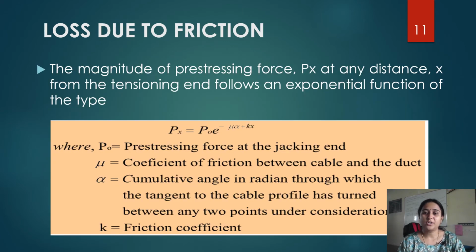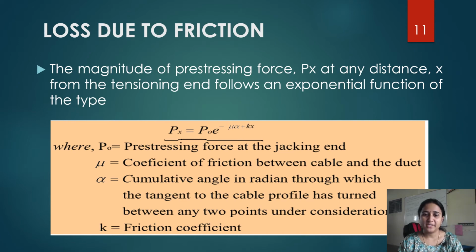So how do we quantify or evaluate the loss due to friction? The magnitude of the pre-stressing force Px at any distance x from the tensioning end follows an exponential function. The loss due to friction in a post tensioning member is given by this formula, which is very important.